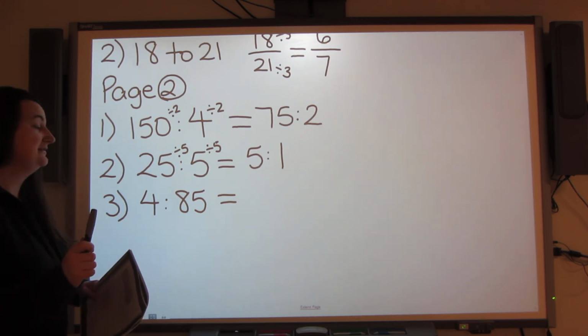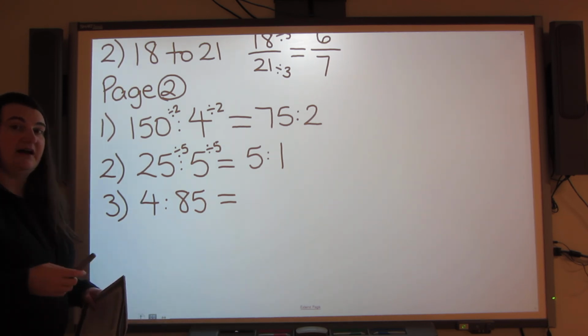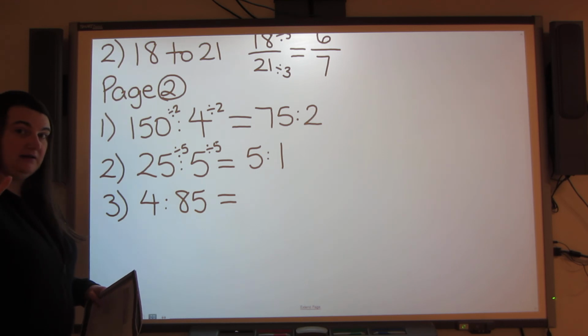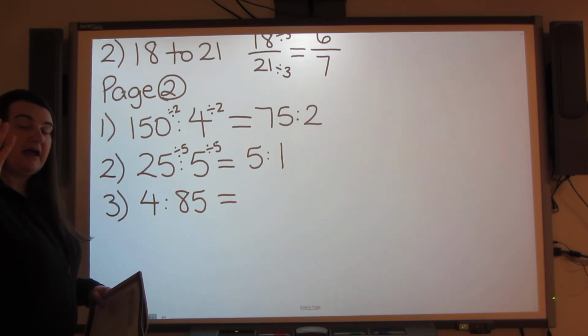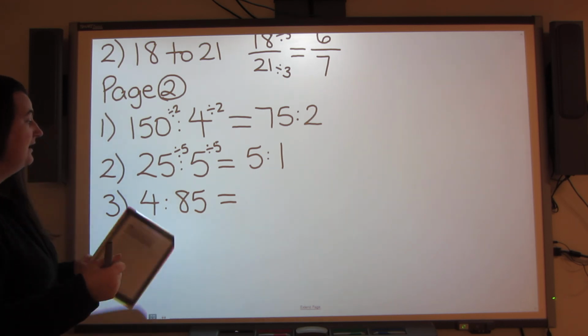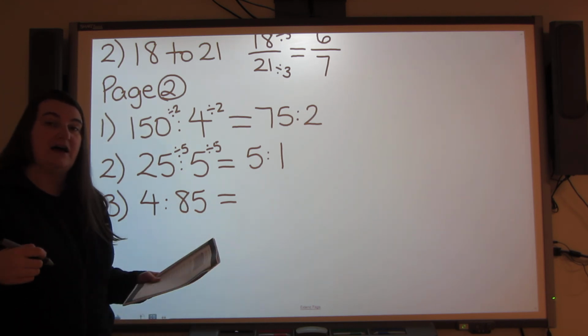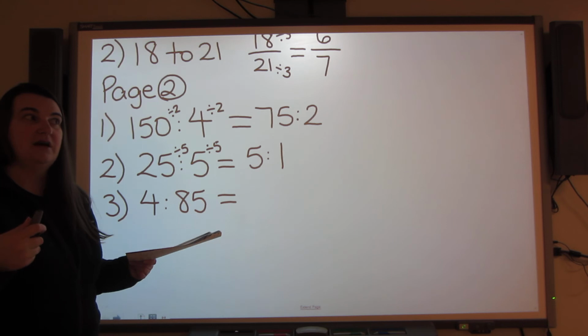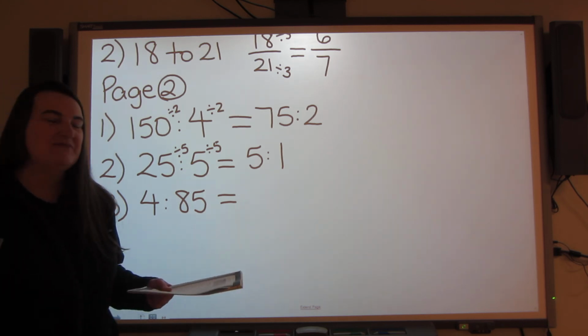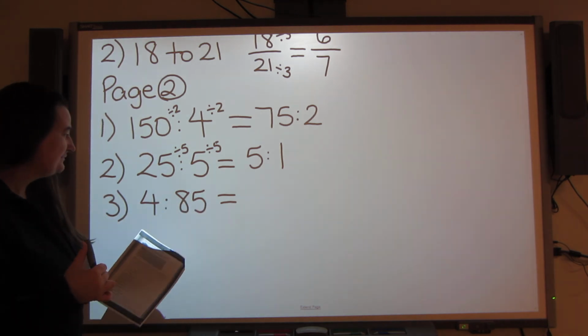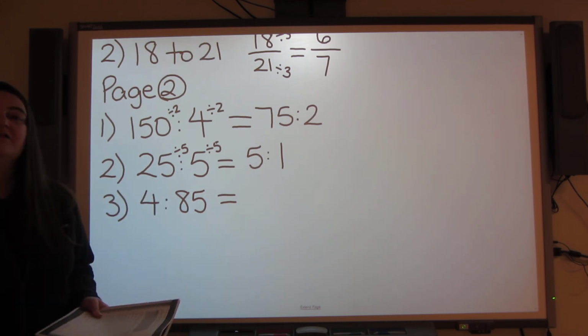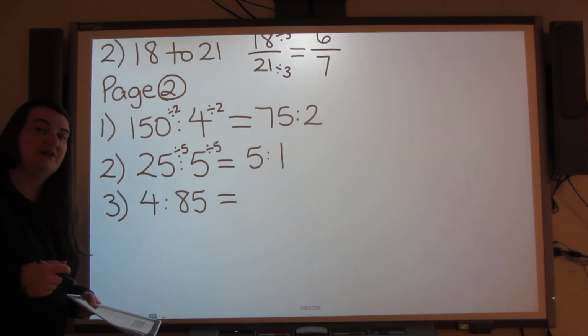Now think about this. 4 can be divided by only 1, 2, and 4. 85 can only be divided by 5s or other multiples of 5. So 4 and 85 are already lowest terms.